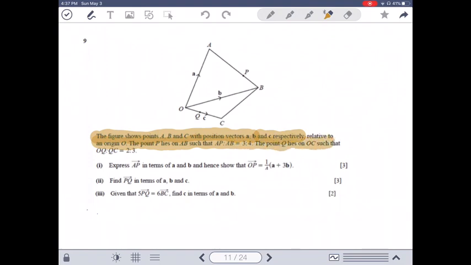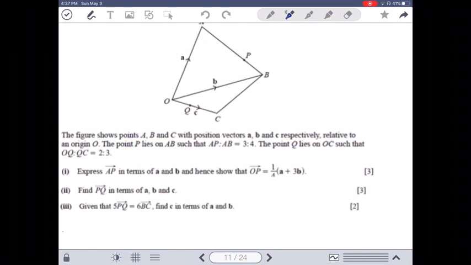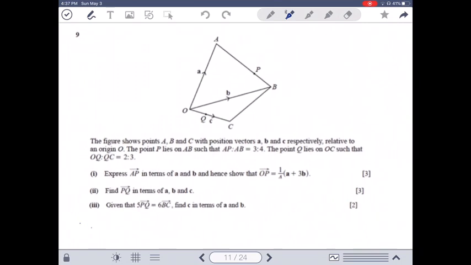The point Q lies on OC such that OQ is to QC is equal to 2 is to 3. So before you start doing any question, read the question first. Okay, the first one, express AP in terms of vector a and b, hence show that this.